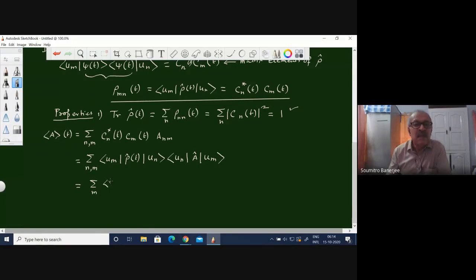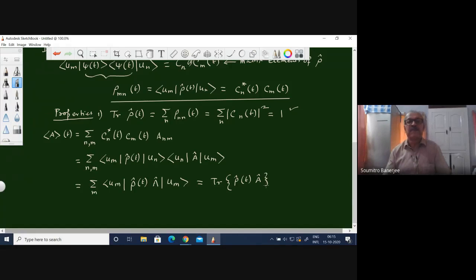Now if this disappears, it is rho times A, summed over m, and since it is summed over m, it is nothing but the trace of the matrix rho t and matrix A. Okay, so you see the first advantage of this formalism.